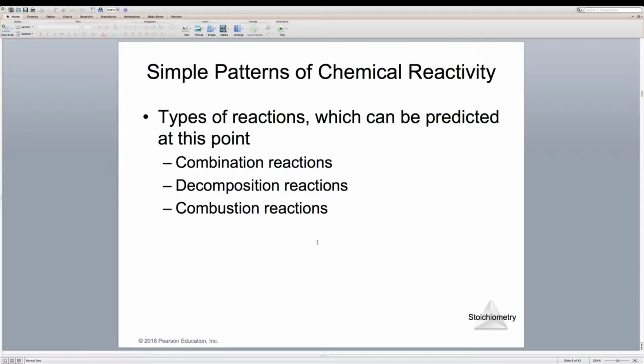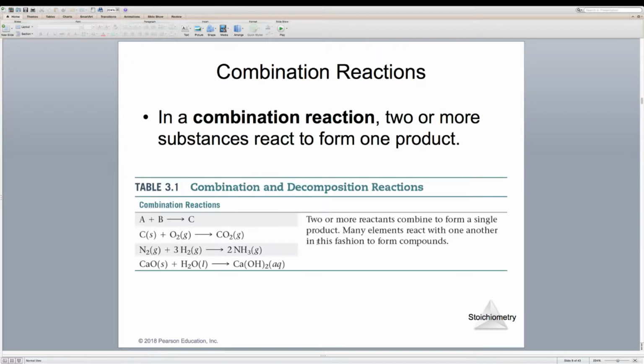Combination reactions, or sometimes heard as synthesis reactions, involve taking two compounds or two elements, or one compound and one element, and creating something. Decomposition reactions involve taking an element or a compound and decomposing it. Most of the time you're going to see this in a compound decomposing. And then combustion reactions, which is the example that we just used, is burning something in air or in oxygen.